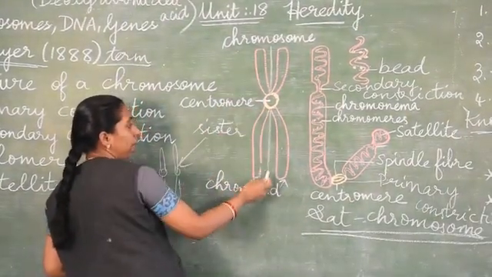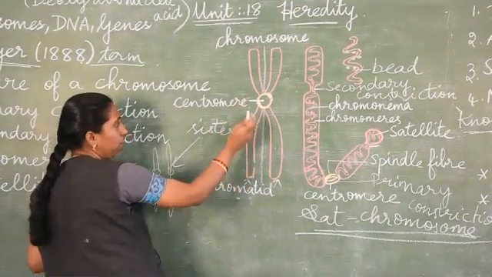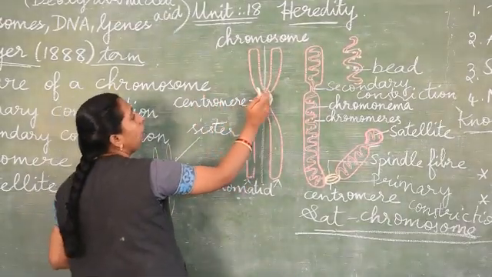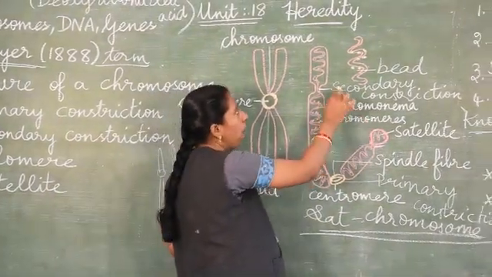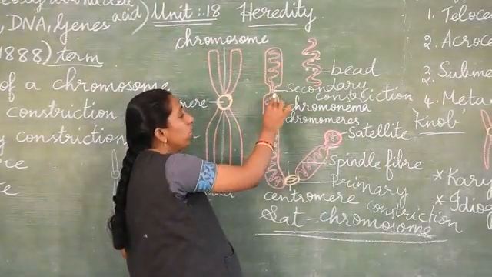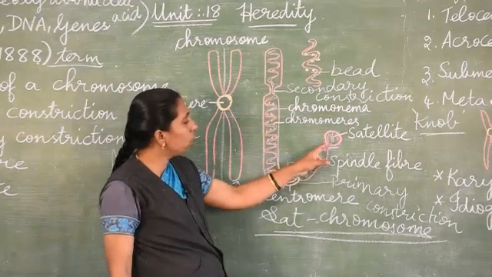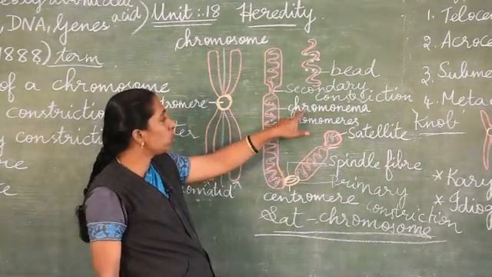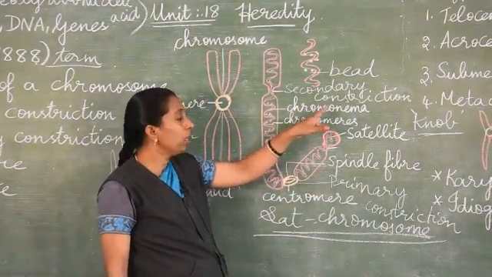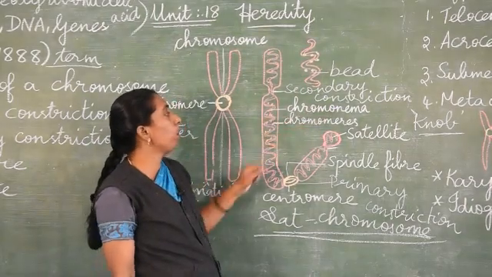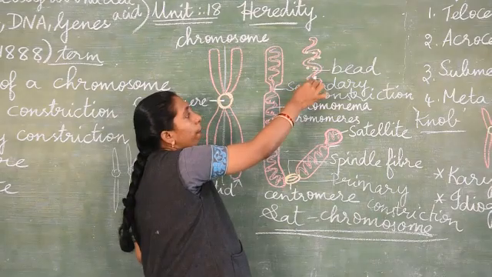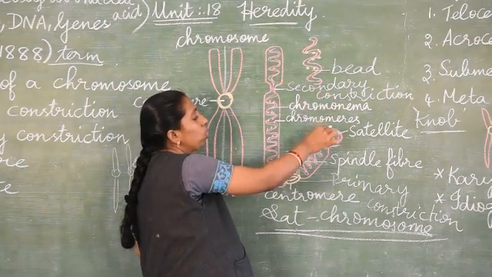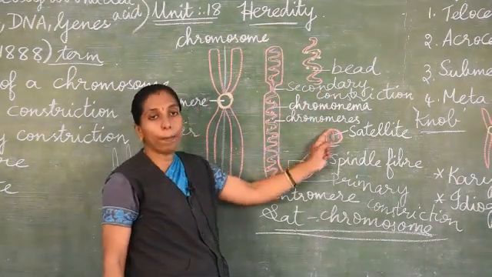If the chromosomes are separated, this is one sister chromatid and this is one sister chromatid. And what is chromonema? Highly coiled structures inside the chromosome are called chromonema. Inside the chromonema, the small bead-like structures are called chromomeres.